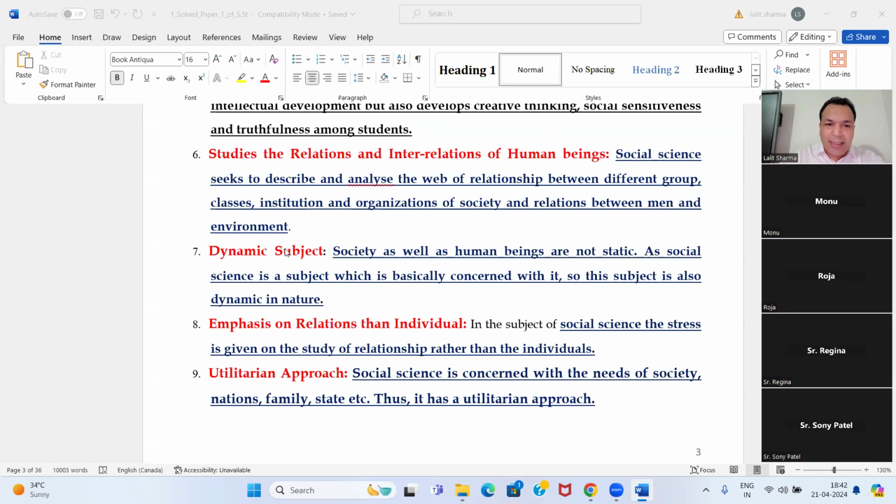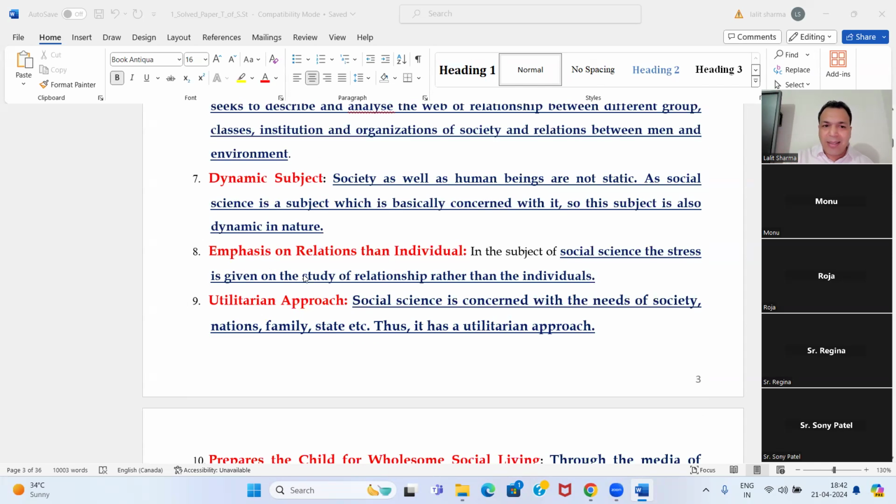Dynamic means which changes. Society is changing. Social science is concerned with society. If society changes, then automatically the syllabus and curriculum of social science change. Then you can say that it is a dynamic subject.